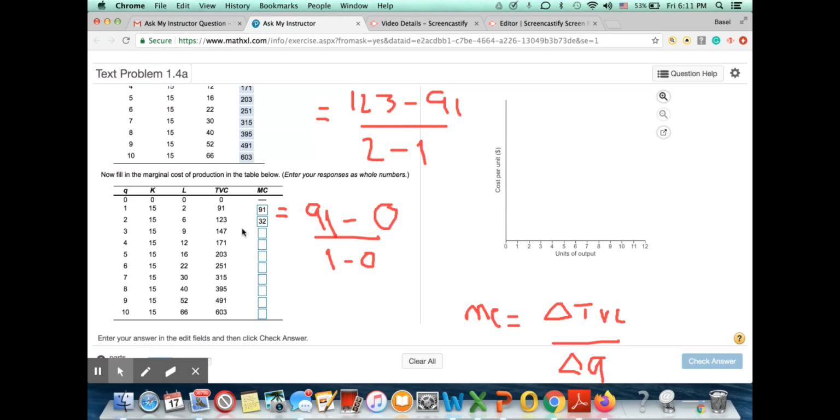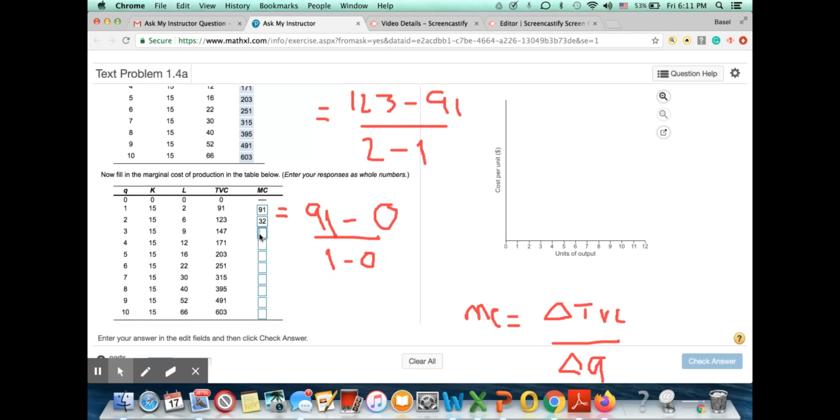I'm going to repeat the same calculations for all the numbers here. Between 2 and 3 will be 147 minus 123, divided of course by 1.